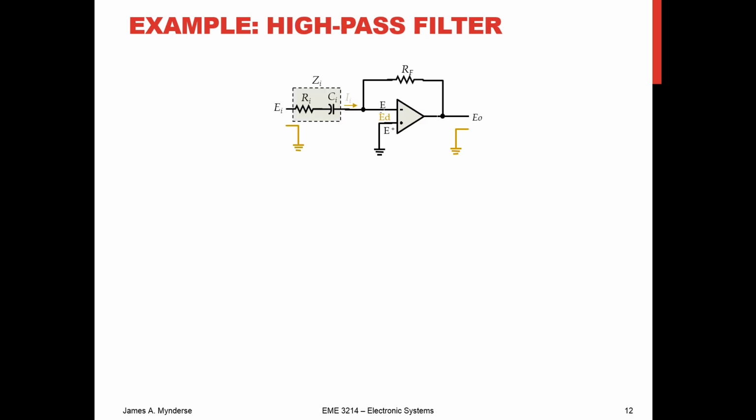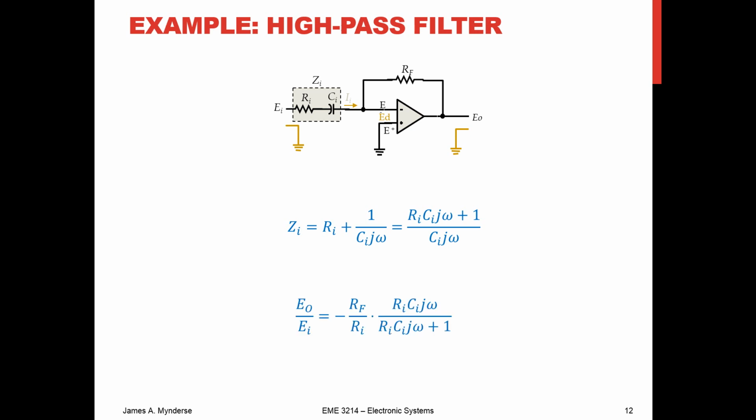We can do the same thing with a high-pass filter. We'll put the C in series on the input term. Then we'll talk about the input impedance being, in this case they're in series, so we're just going to add them up. Ri plus the impedance of the capacitor, which is 1 over Ci j omega. So the total impedance will be Ri Ci j omega plus 1 over Ci j omega. And just like before, output over input is going to be negative Rf over Ri, Ri Ci j omega over Ri Ci j omega plus 1.